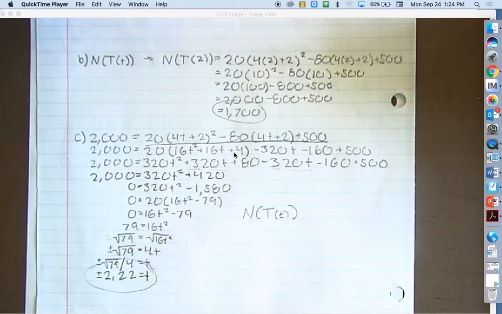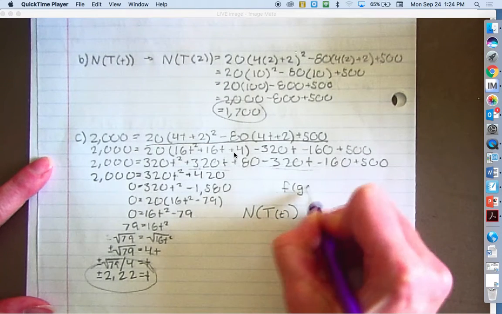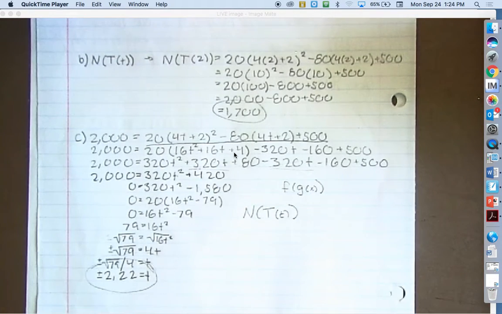So n is the number of bacteria. Uppercase T is temperature. Lowercase t is time. That is no different from finding f of g of x. We're just switching the variables to represent time and temperature.